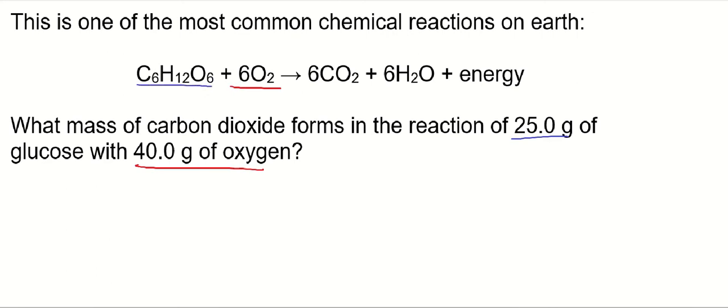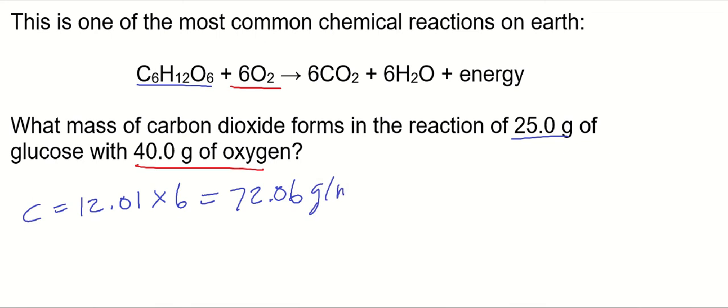The molar mass of glucose: carbon is 12.01. There's 6 of them, 72.06 grams per mole for carbon. Hydrogen is 1.008. There's 12 of them.